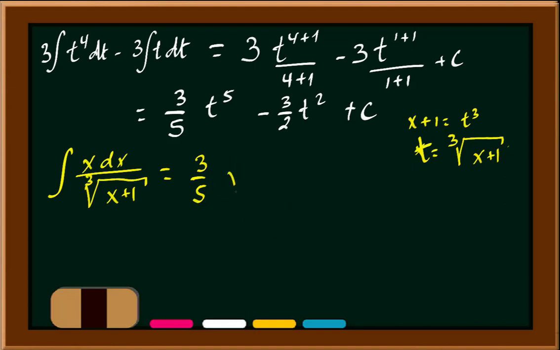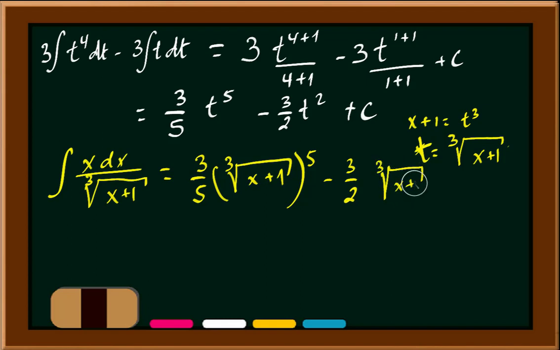And we get here 3/5 of x plus 1 to the power of 5/3, minus 3/2 of the cubic root of x plus 1 squared. So I can now just readjust the writing here to make it more legible.